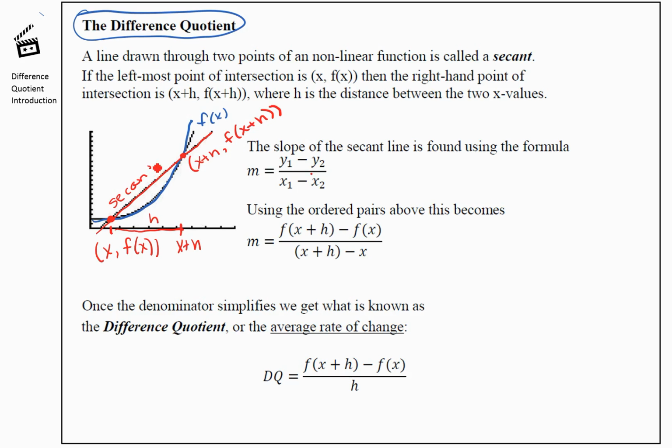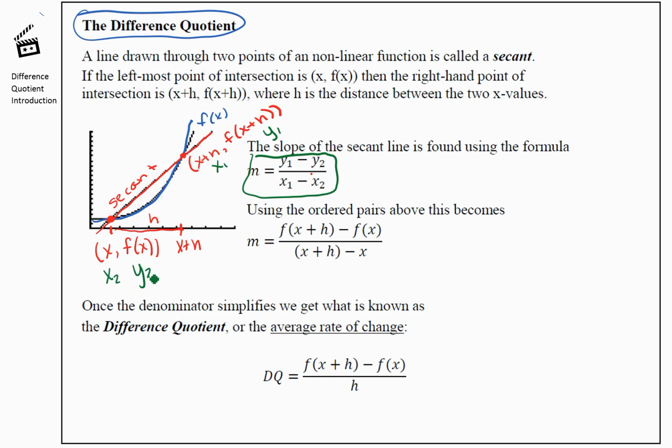So you should have learned in previous classes that the slope of a line, the formula is m equals y1 minus y2 over x1 minus x2. And it doesn't matter which point is our x1, y1, and which one is our x2, y2. So we're going to let the second point actually be our x1, y1, and the first point be x2, y2.